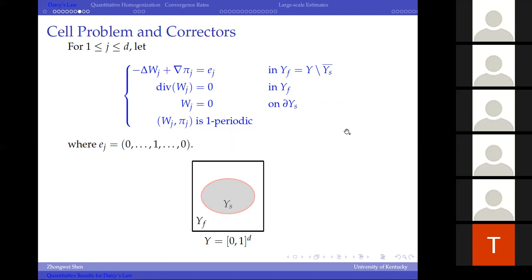Okay, so that's the cell problem for the Darcy law, and the w_j, pi_j will be called correctors.